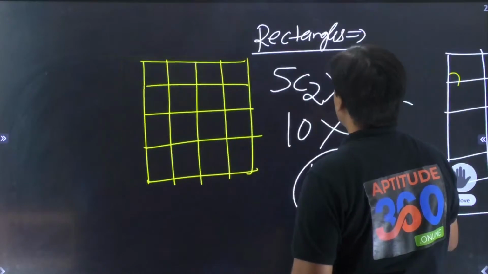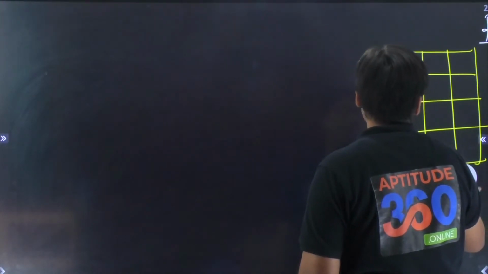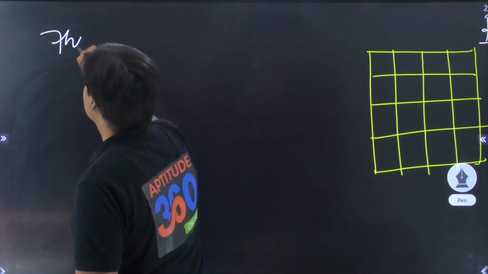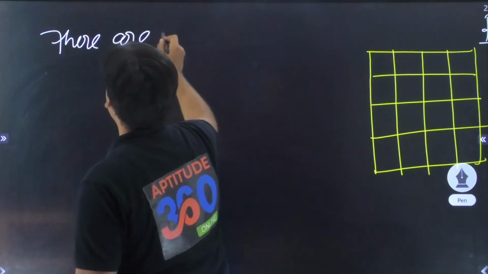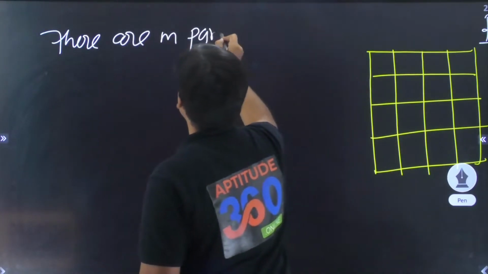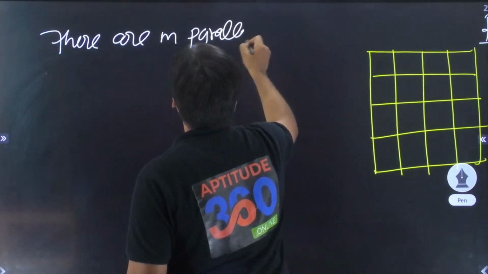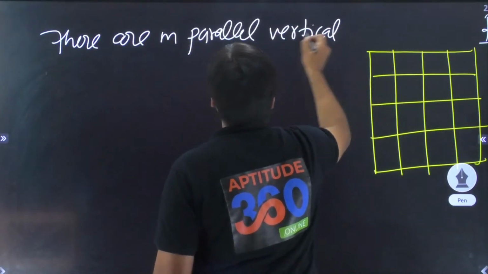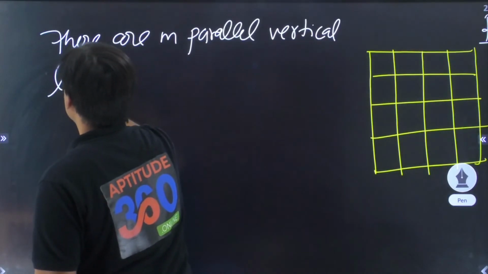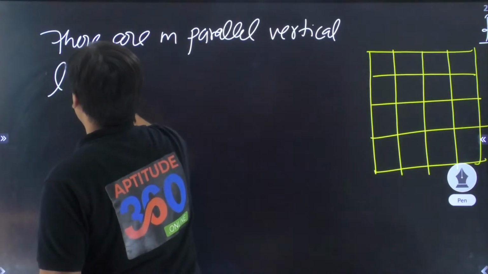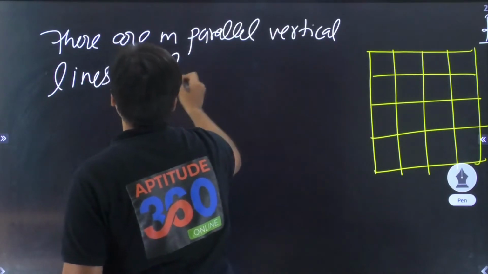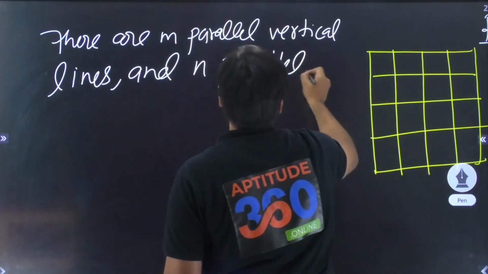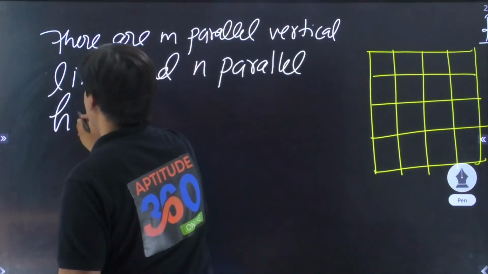Now, before you go ahead, one last problem of the day. There are m parallel vertical lines and n parallel horizontal lines.